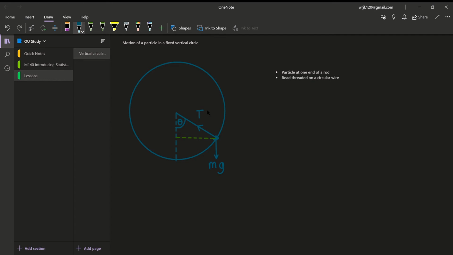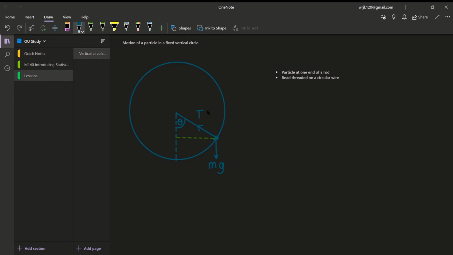It might be a particle at the end of a rod, so you've got, like, a length of stick, a ruler, or whatever it might be, a particle at one end fixed at the other end, so it's going to rotate about one end, and then a particle on the other end is just going to go round in a circle, and it can't leave that circular path as long as the other end is fixed at the centre of the circle.